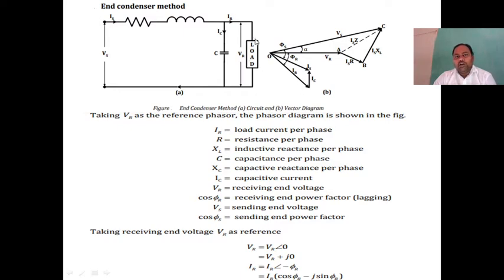The phase angle difference between VR and IR is phi r.